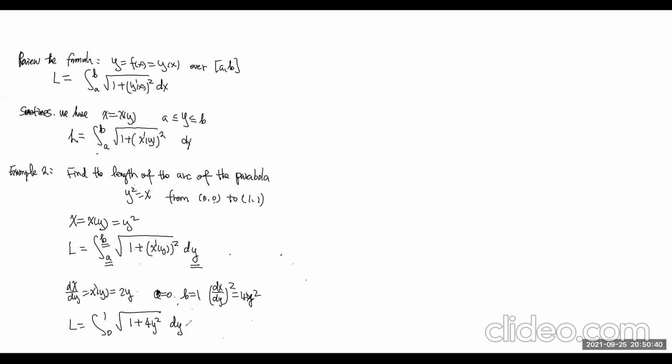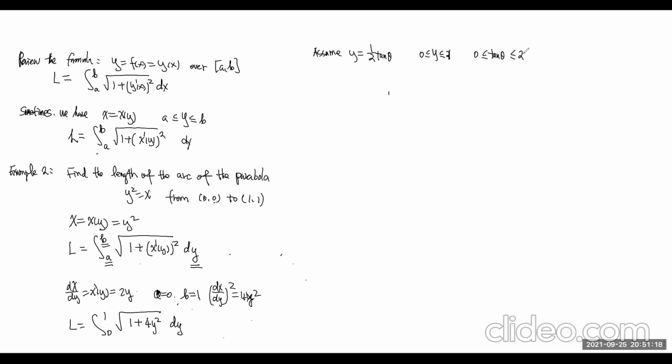Whenever I think of trigonometry, in the section on trigonometric substitution, we know how to deal with this, right? So let me assume y is half tangent theta. Okay, so we know y is between 0 and 1, so tangent theta is between 0 and 2, right?